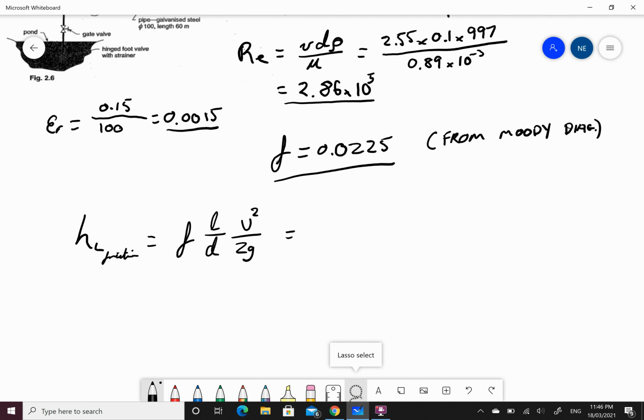Remember, what we're doing is converting our loss of energy into a meter equivalent so we can punch it back into Bernoulli. So what I have is 0.02225.